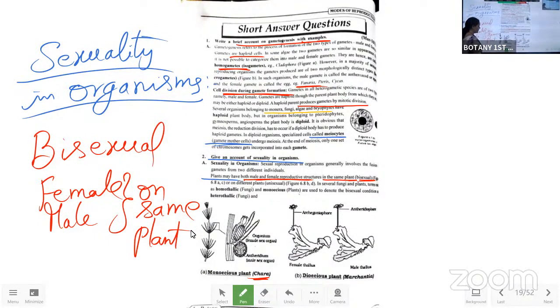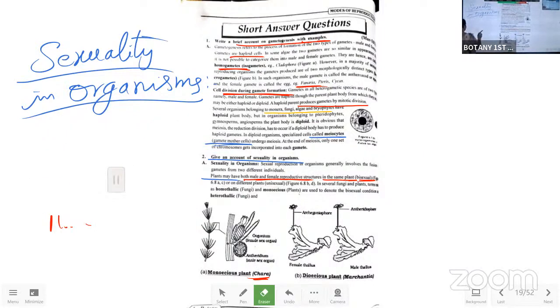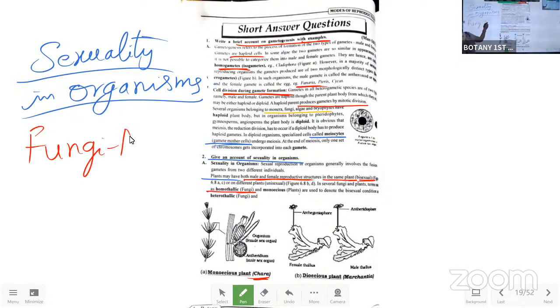But in some organisms, for example in fungi and in some plants, the sex organs are present on the same organism. So that is the homothallic. In some fungi they are homothallic.